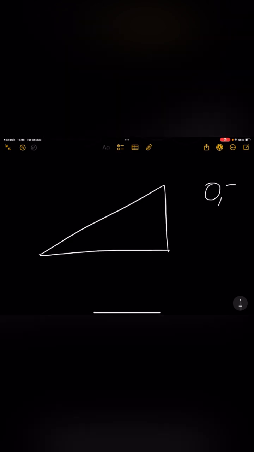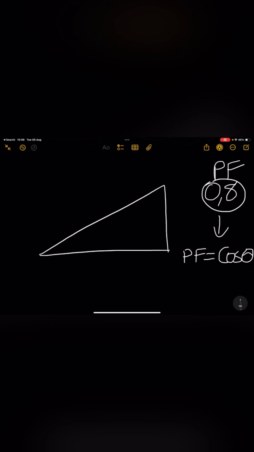If you have a power factor of 0.8, which is normally what we rate factories at, normally about 0.8 to 0.7 because they have a lot of inductive machinery, this will be a lagging case. This is the 0.8, and how does it tie into the power triangle? Power factor is equal to cos theta, and theta stands for phase angle.